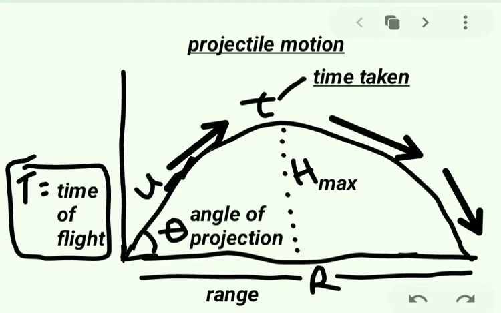Now the vertical motion has a constant acceleration, but the velocity changes uniformly, and the horizontal motion has a constant velocity.